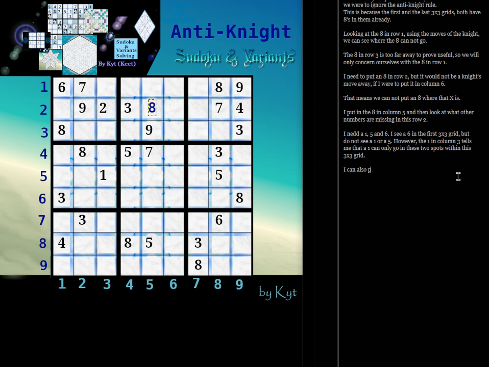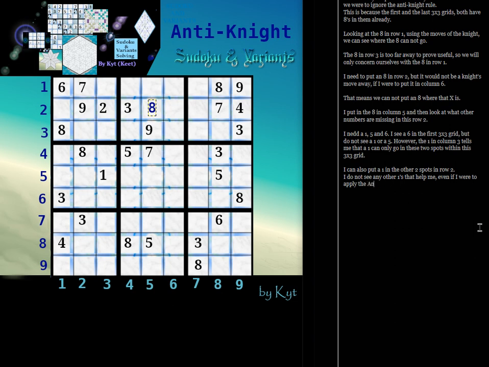I can also put a 1 in the other 2 spots in row 2. I do not see any other ones that help me, even if I were to apply the knight's move.